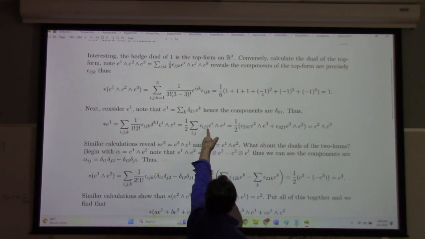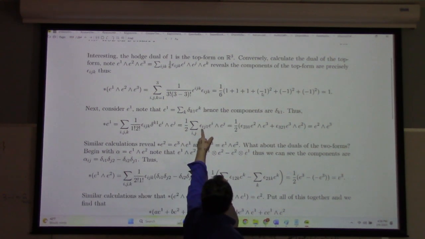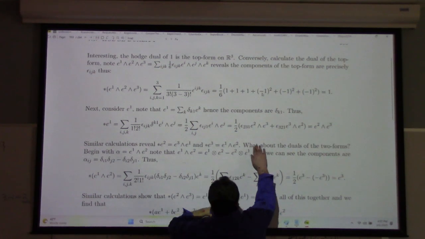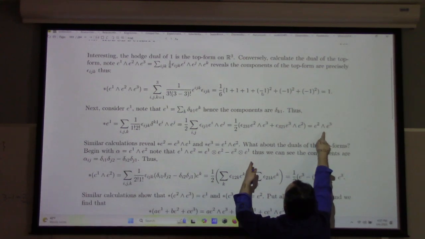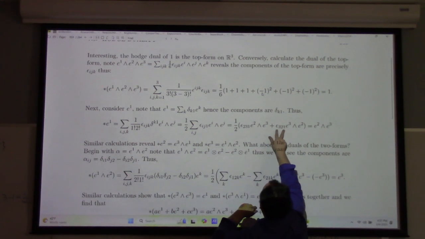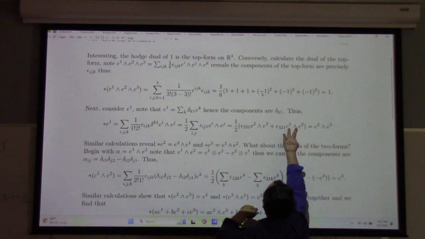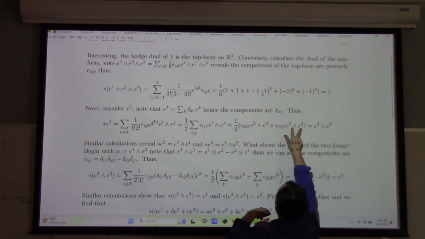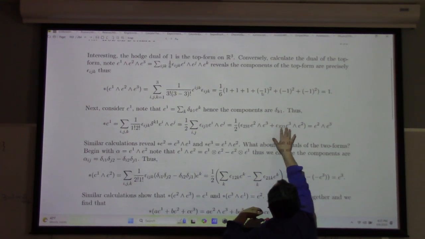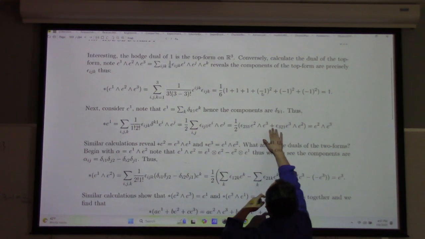Since there's a 1 here, the only way this can be non-trivial is for these to either be 2, 3, or 3, 2, which is what I've got over here, which then the half and the fact that there's 2 gives you that, because this and that are off by a minus, so this is -1, and that flipped gives you a -1. -1 gives you plus, so I got E2 wedge E3 twice, which gives me that.